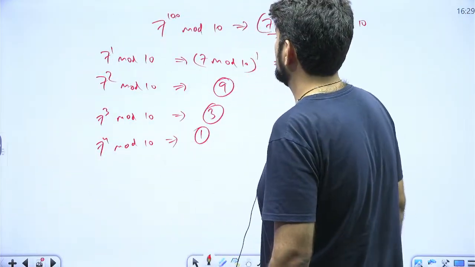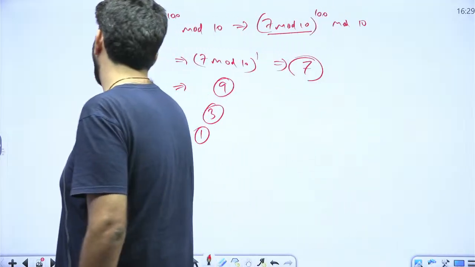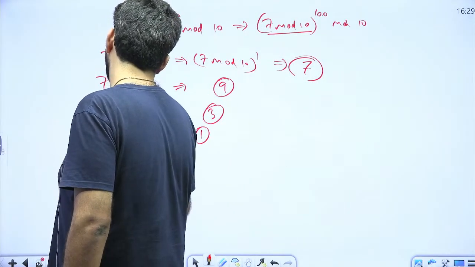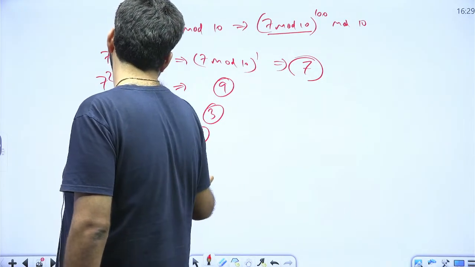Okay. Now if I take 7 power 5 mod 10, this is again going to be 7.